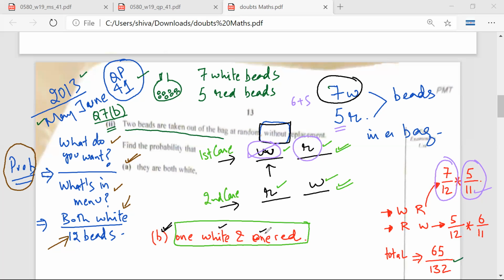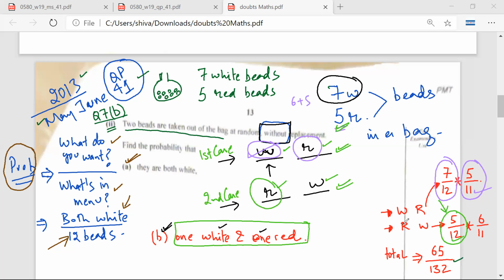But the only condition is that one should be white and the other should be red. Is there any doubt? No, sir. So if I take the red bead out first, the probability is 5 by 12, because 5 red beads are there and the total beads are 12.